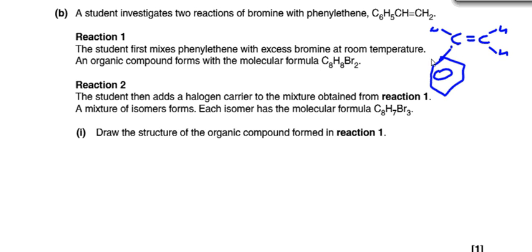So in this case, just looking at this, we've already got 8 carbons. We've got 1, 2, 3, 4, 5, 6, 7, 8 hydrogens. All I need to do is add 2 bromines on. It's at room temperature, so it's going to react with the alkene part, and I'm just going to lose that double bond, and I'm going to get 2 bromines there.